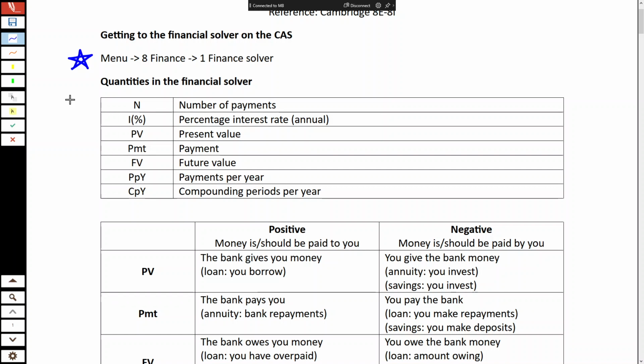Okay, let me tell you now about what these different symbols mean. They're on your sheets. I want to draw a few things to your attention. The first one, N, is the number of payments, not the number of years.